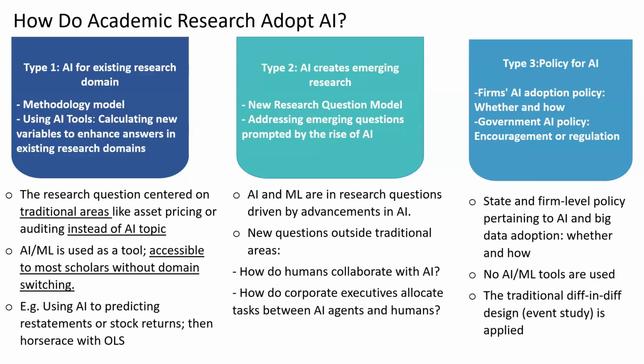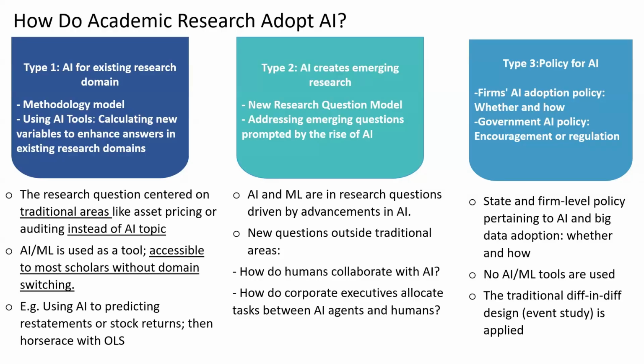So in type 1, AI is used as a methodology, as a tool, not as your research question. Basically AI is used for calculating new variables or as a prediction model to answer some existing questions. Predicting returns and predicting restatement are examples.